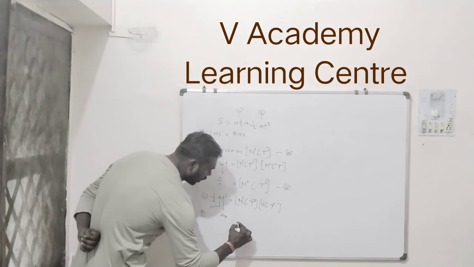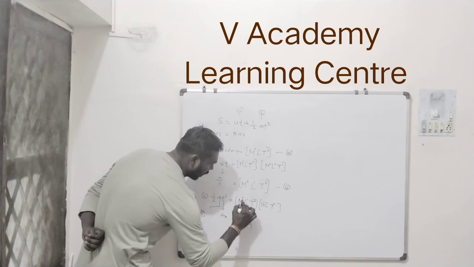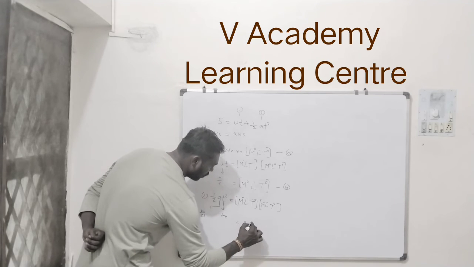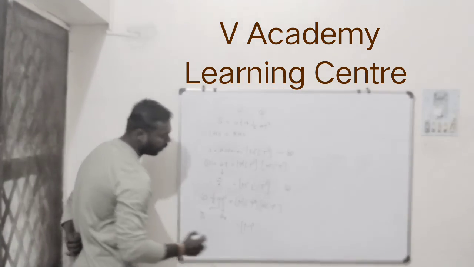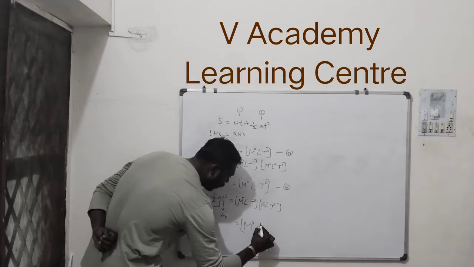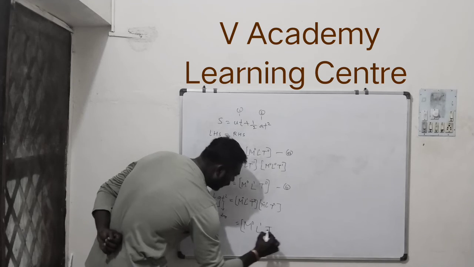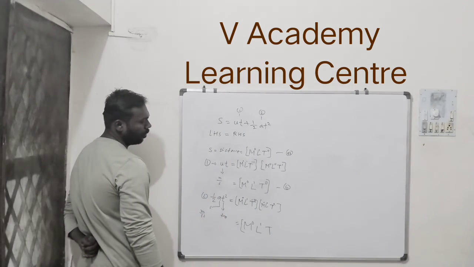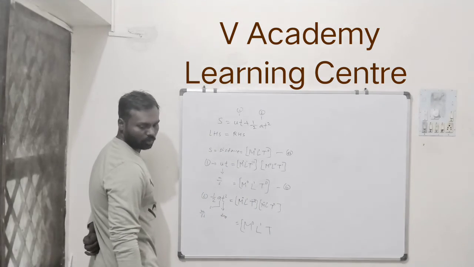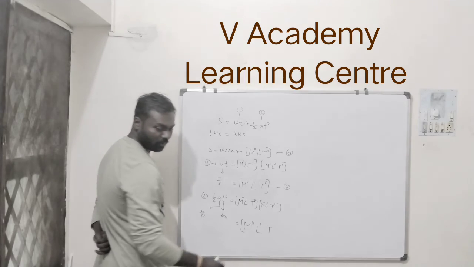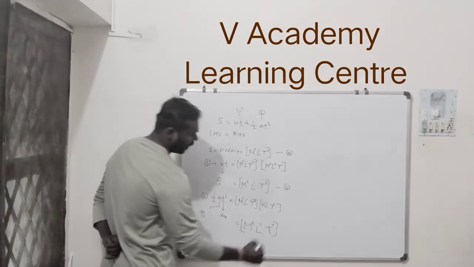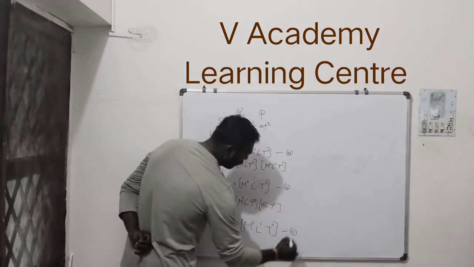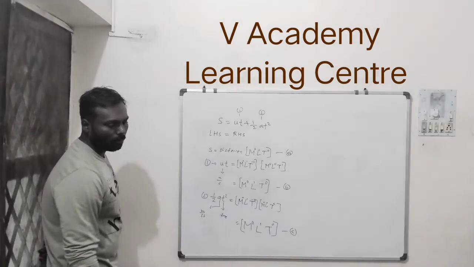Now, final touch. M: 0 plus 0, 0. Very good. L: 1 plus 0, 1. T: minus 2 plus 2, 0. That's our equation C. What do we get?